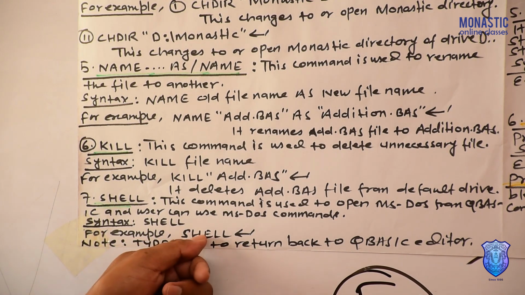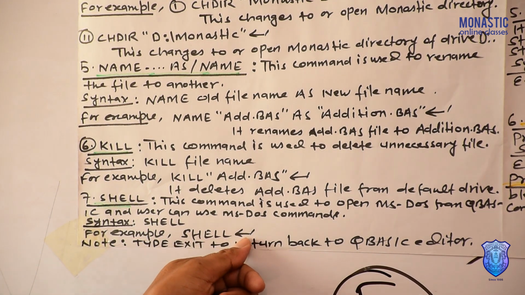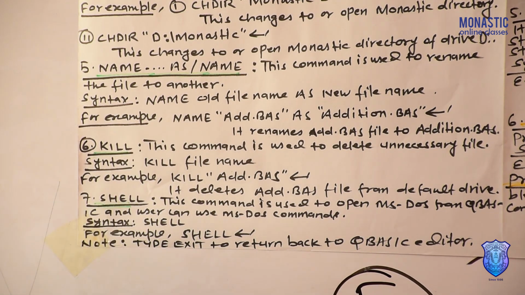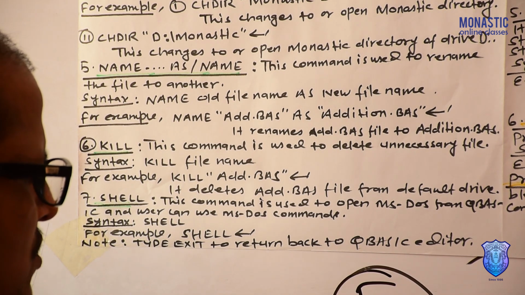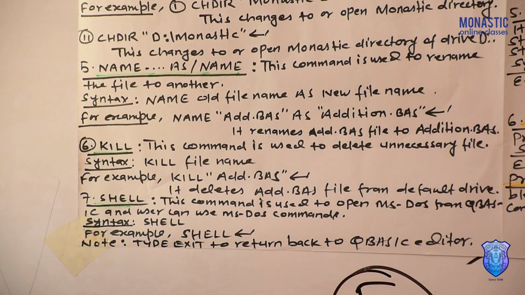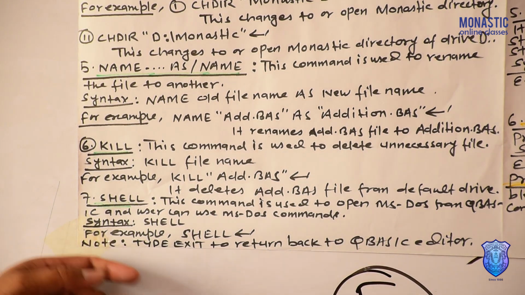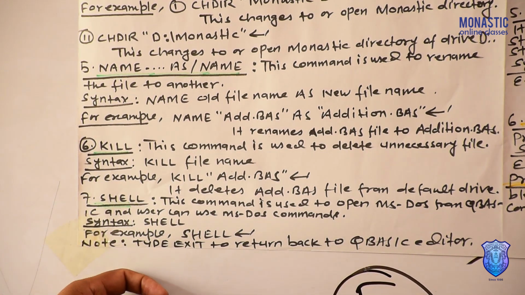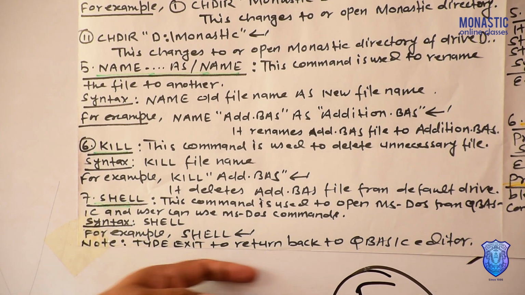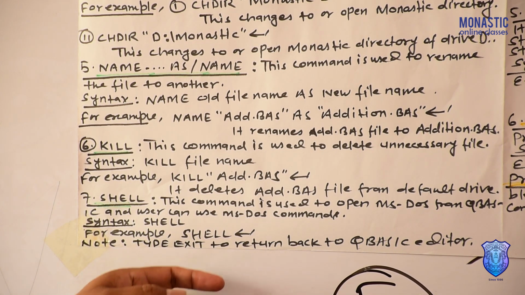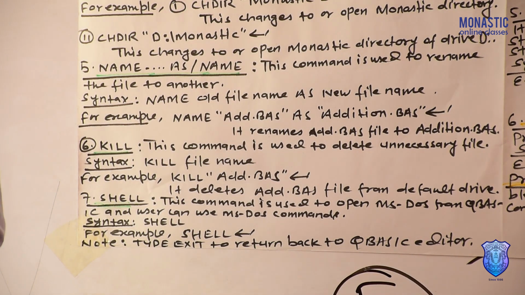For example, shell and enter key. When you press enter key, you will get DOS opened from QBASIC, and we can execute different DOS commands here. To return to the QBASIC editor, we have to type the exit command and press enter key. We will be back in the QBASIC editor.